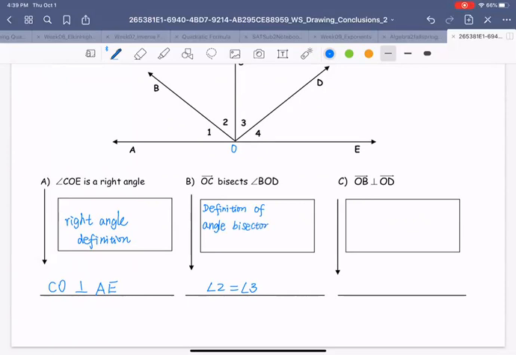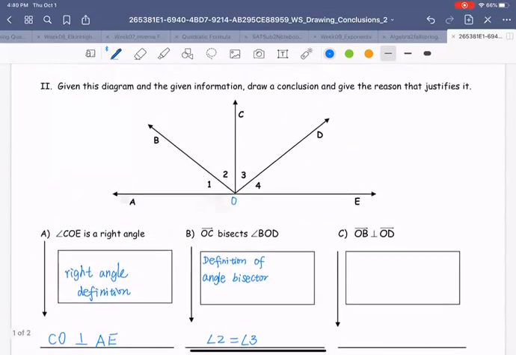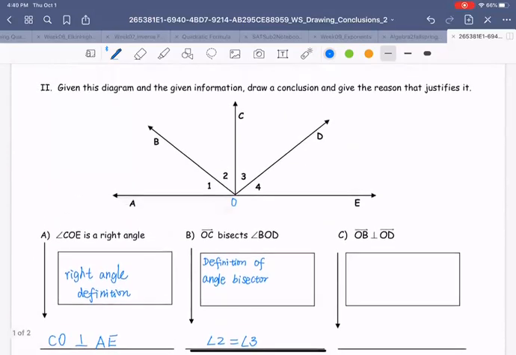Okay. OB is perpendicular to OD. That means what? OB and OD are perpendicular. That means that angle is a right angle, right? Yes.